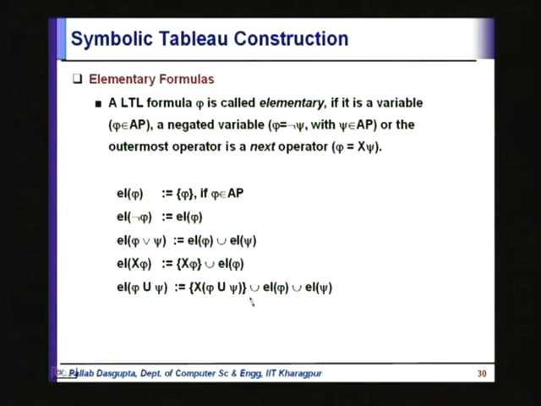An LTL formula phi is called elementary if it is a variable belonging to the set of atomic propositions, a negated variable belonging to the set of atomic propositions, or the outermost operator is a next operator. So, these are the elementary subformulas. Before we go into the rules, let us see some examples of elementary subformulas.